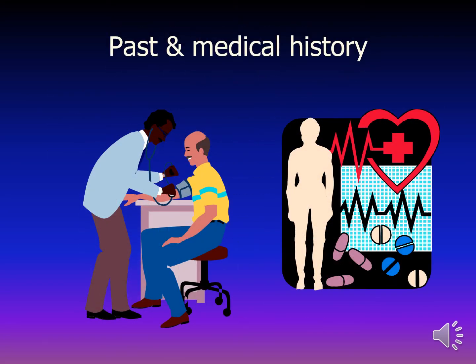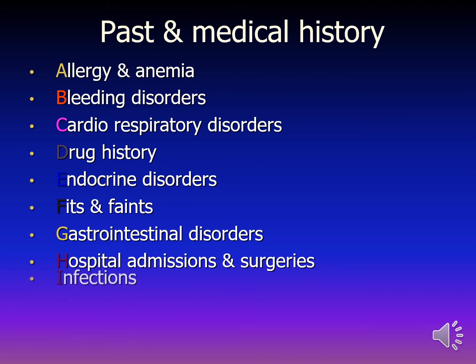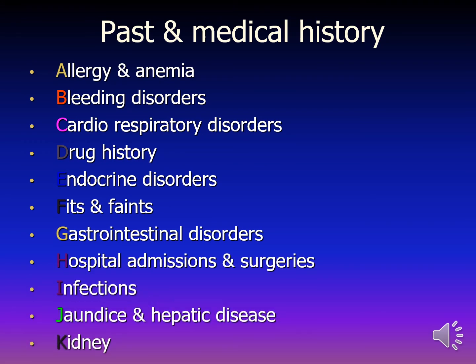What about the past and medical history? It's better to conjoin past history with medical history, because of the chronic disease which you have a medication for. This is a simple A B C D E F G H I J K. This is a simple way of recalling the different common chronic diseases which can be affecting the patient, and they have to be considered in the past and medical history, but it is very long to be recalled.